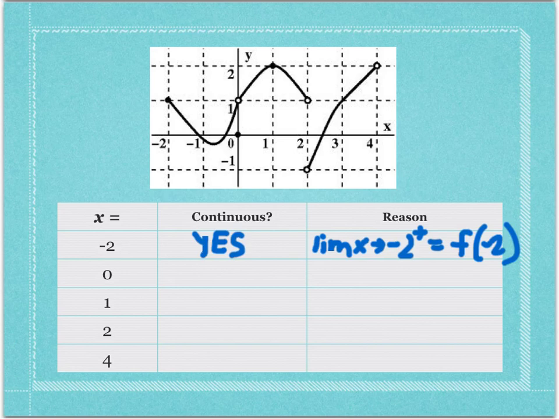Alright, now let's look at the next one, which is 0. So what's going on here at 0? Well, there is a break in the point here, isn't there? In fact, we call that a point discontinuity. And so is this going to be continuous?